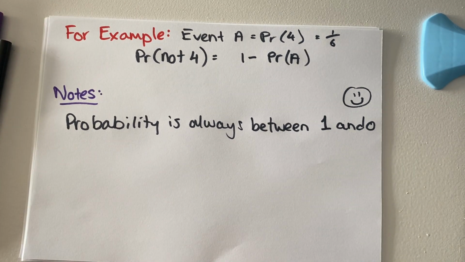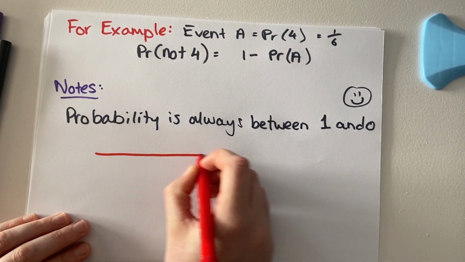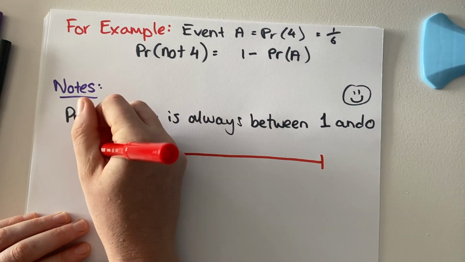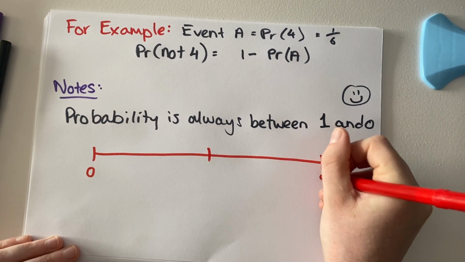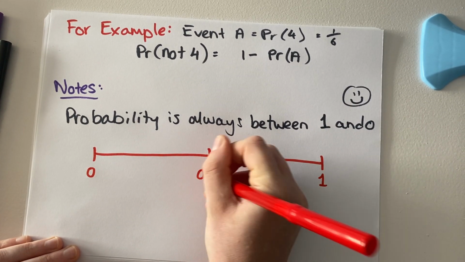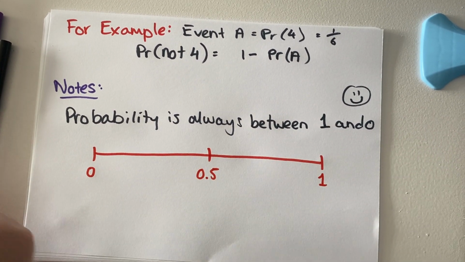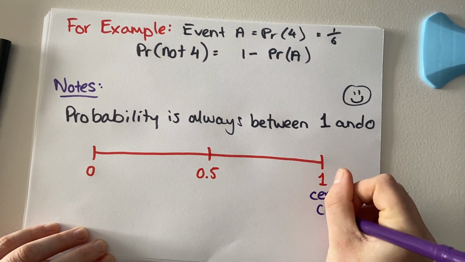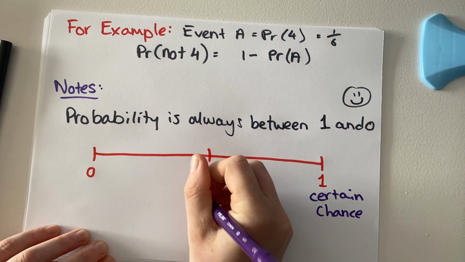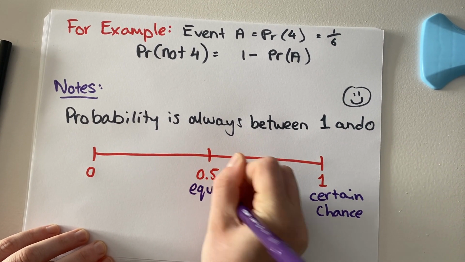If we were to draw a sort of number line of the probability of something happening, let's say 0 is down here, 1 is here, and this is half. Anything down this end, certain chance. In the middle, equal chance.